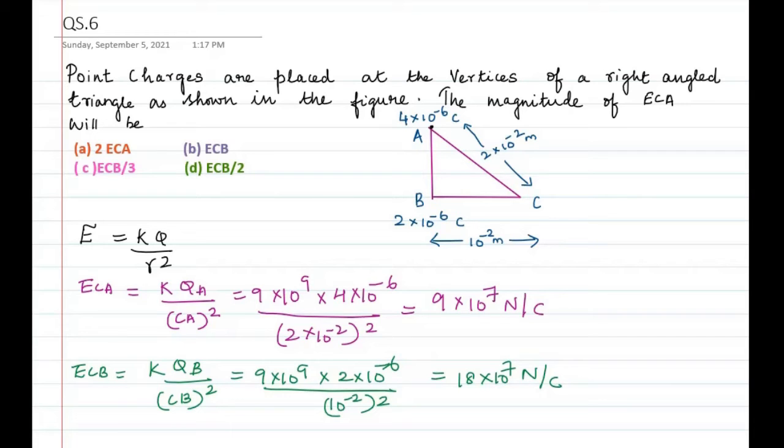Now compare both ECA and ECB, because the relationship given in the choices is between ECA and ECB. Even though the question asks only about ECA, the relationship relates ECA to ECB, so we are finding out ECB.